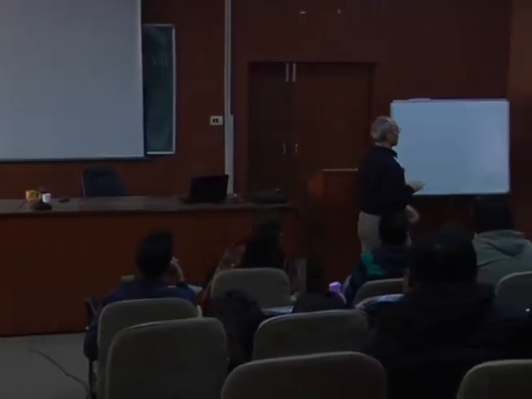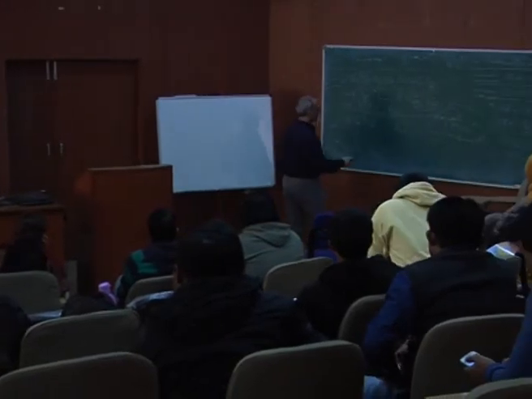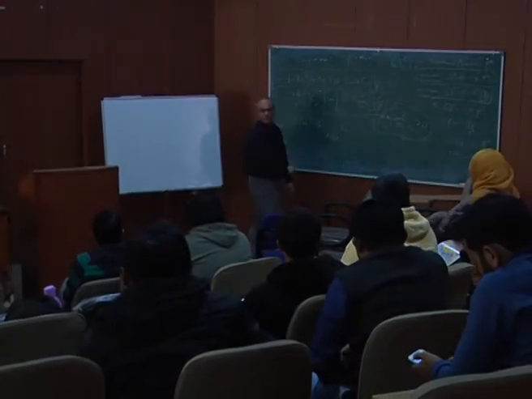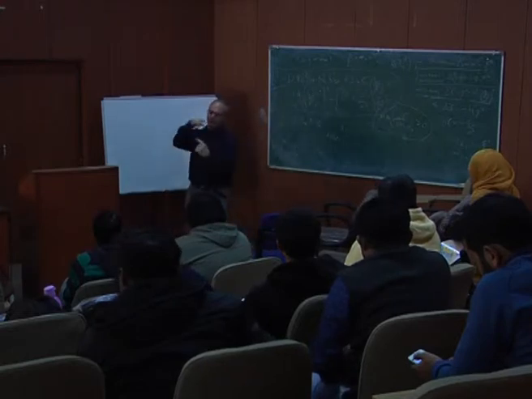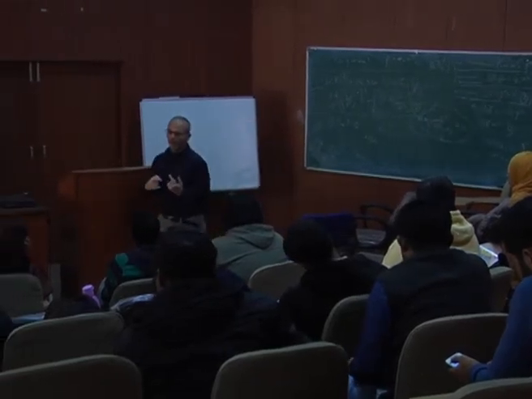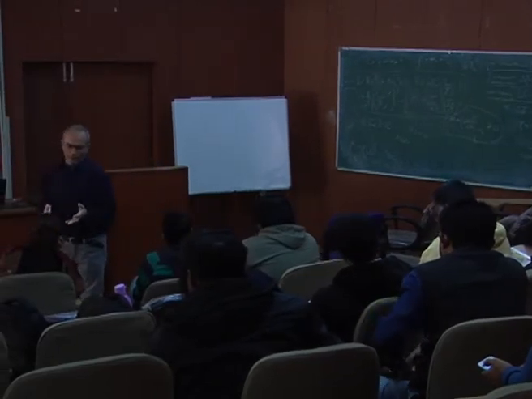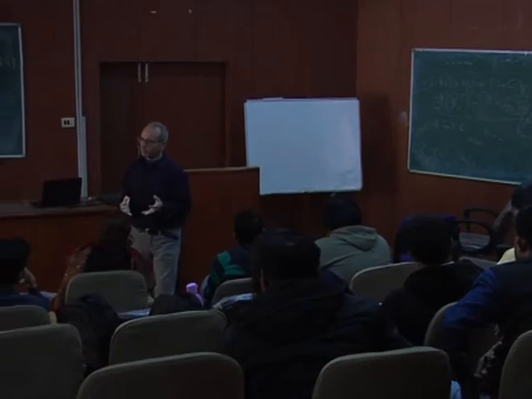Remember that we are in Fourier space, so this can be a function of k, or k squared, I should say. When you do the inverse Fourier transform, this delta S will be a function only of x, not of time.